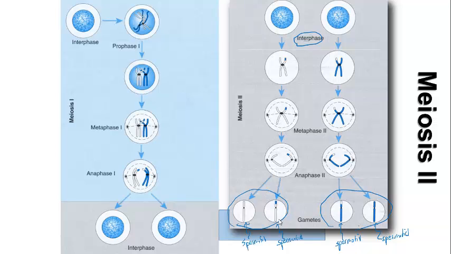All right, so when telophase 2 of meiosis 2 is complete in the female, recall that only one secondary oocyte is actually going to participate in meiosis 2, okay?